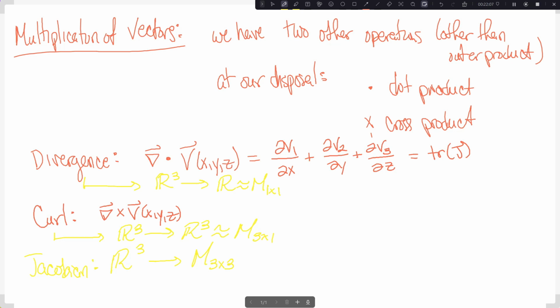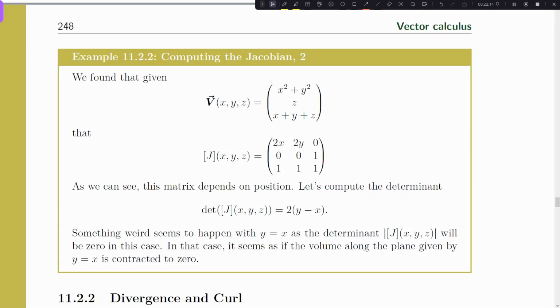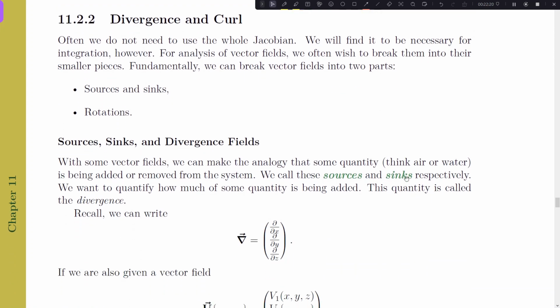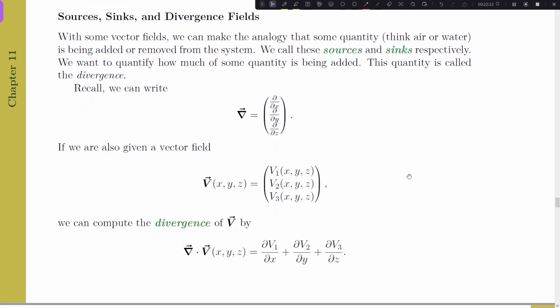And we've talked about the Jacobian, and now I'm going to talk about why maybe the divergence and the curl are actually important. So let's jump back to the page and scroll down a bit. Okay, so here it says sources, sinks, and divergence fields. So I want to comment that here we see now the divergence just as I described it on the previous page. And why do we call it divergence?